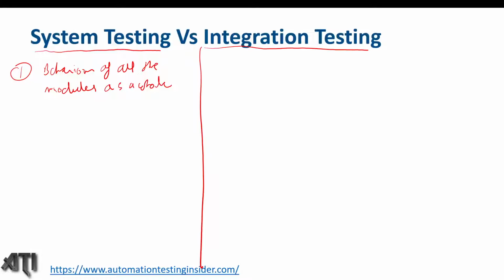That is, when we check the behavior of all the modules as a single unit. Correct. That is nothing but system testing. And in integration testing, we check the interfaces between the modules. That is the first difference. What is the second difference?